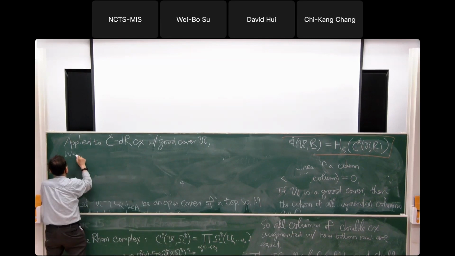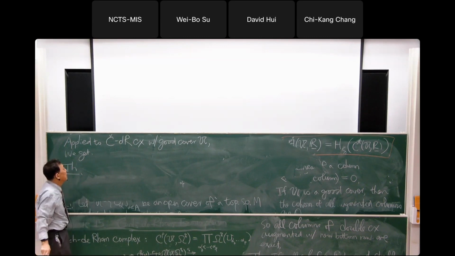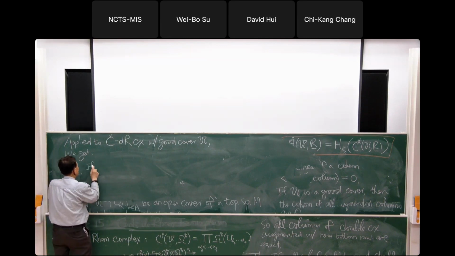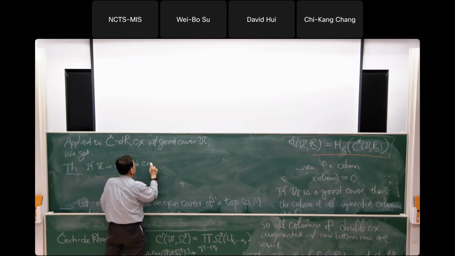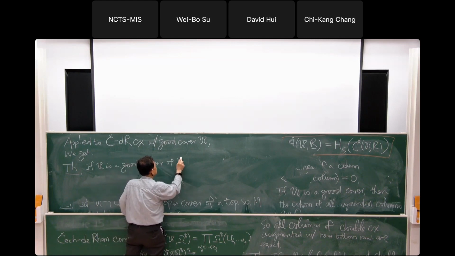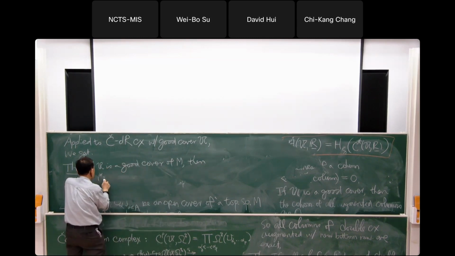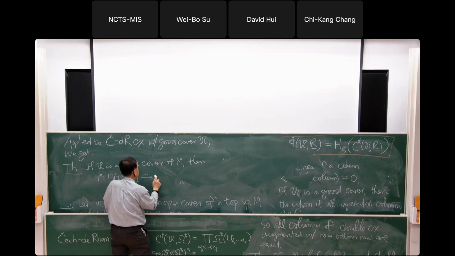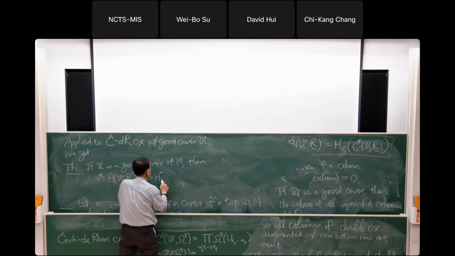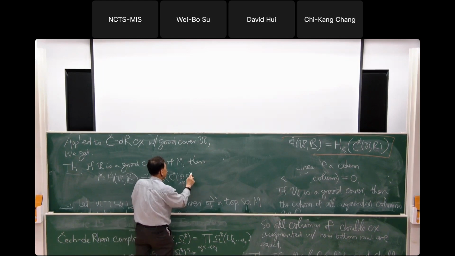So we get the theorem. If U is a good cover of M, then the Cech cohomology of the good cover is isomorphic to the cohomology of the Cech-Rham complex.